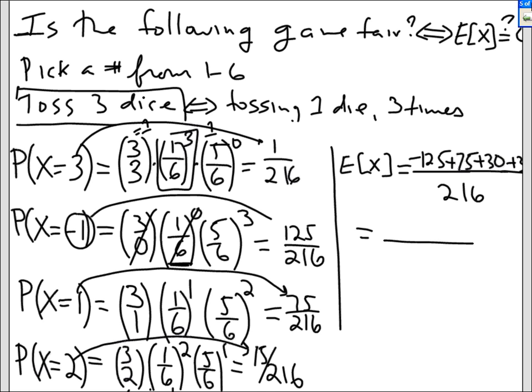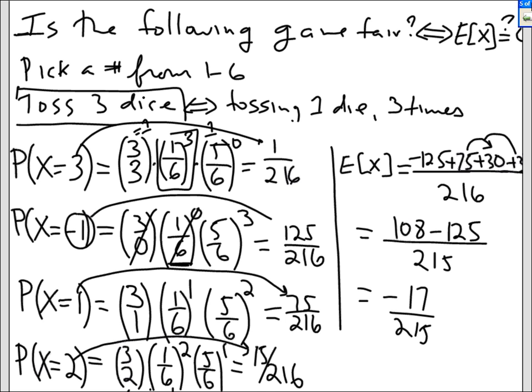So it is correct that 216 goes on the bottom. This is 105, plus 3 more is 108, minus the 125. This is negative 17 over 216.